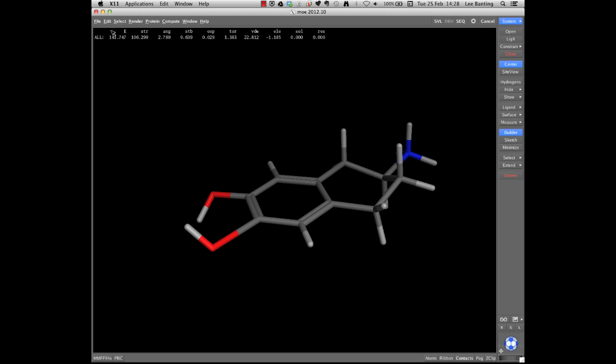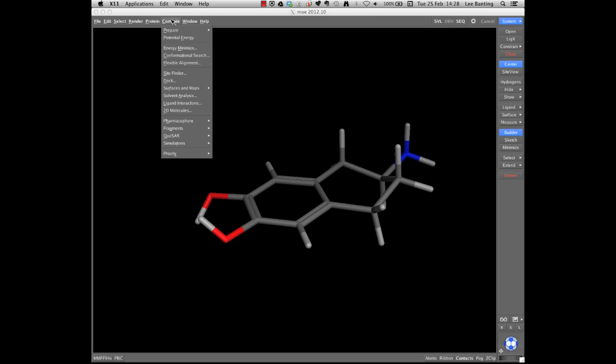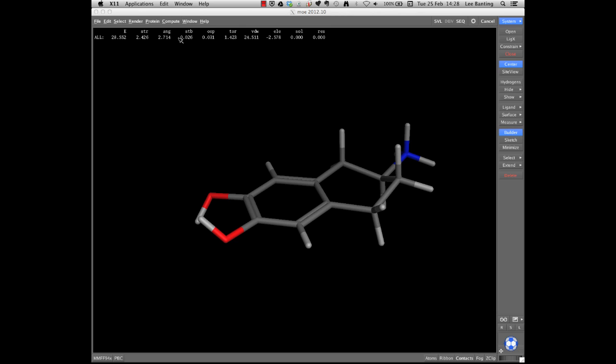You can see that the energy for that bond extension has considerably changed. If I minimize the structure, you can see the bond goes back to a sensible geometry. If I recalculate the potential energy, that potential energy has now gone back to a smaller energy.